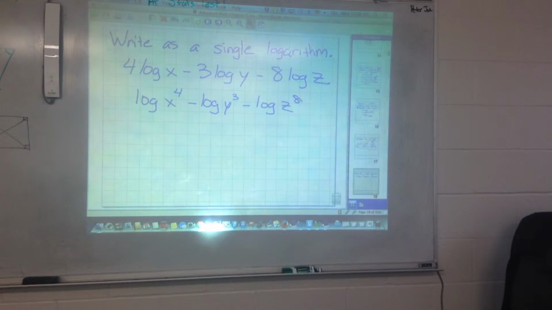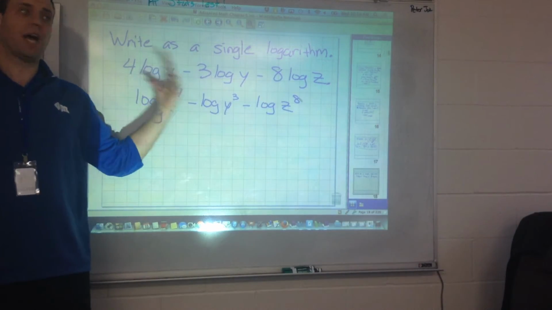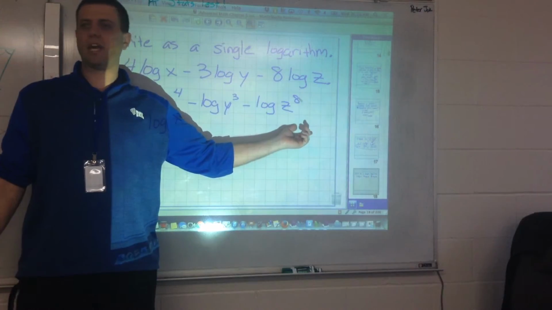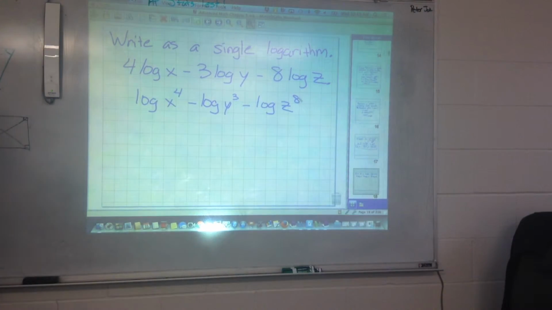What Drew said is he's going to put x to the fourth over y to the third, and then put that fraction over z to the eighth. You don't need to write it that complicated. That's not wrong, but I want you to simplify it to where I'm going with it eventually. Could you go x to the fourth multiply z to the eighth over y to the third?